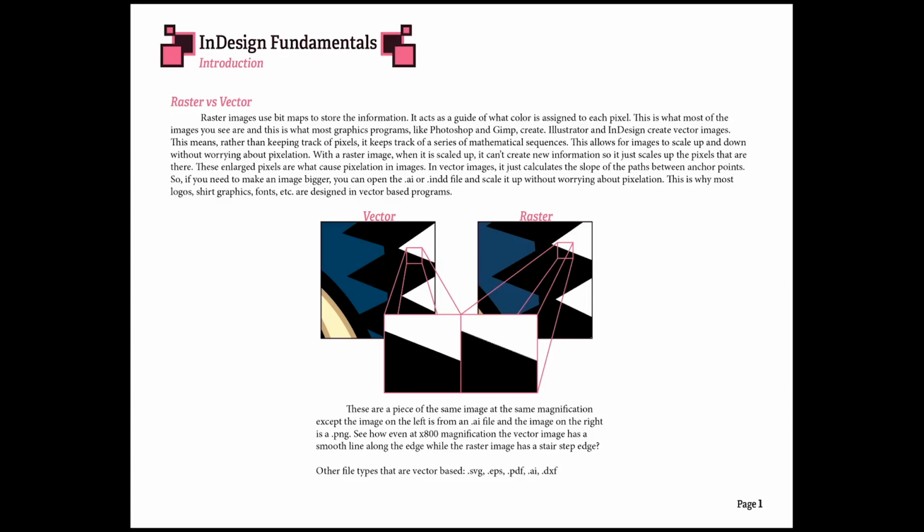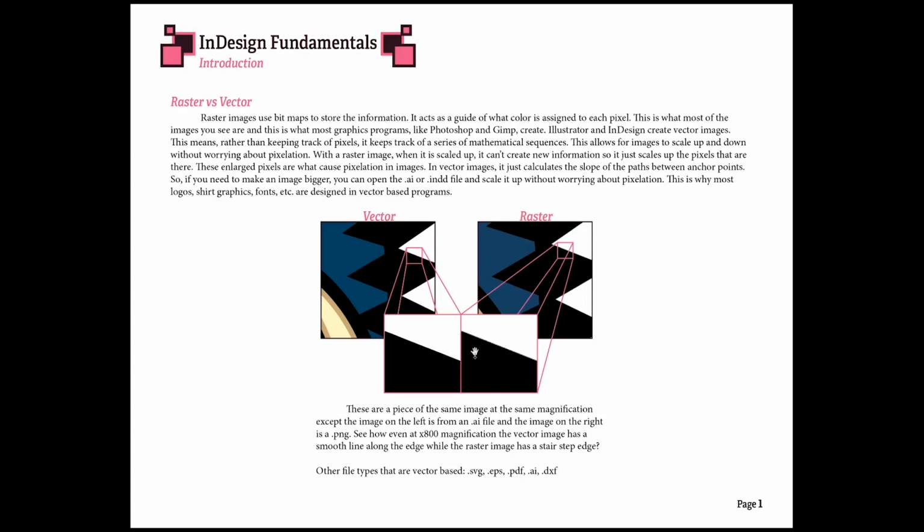So you can see on the example I have in the PDF that goes over some of the introduction, on the right here is a raster image, and I zoomed in to about 1,000%, I think, or it was at 800 magnification.